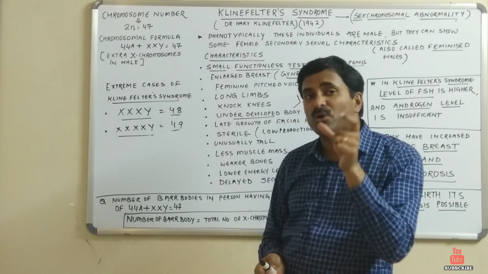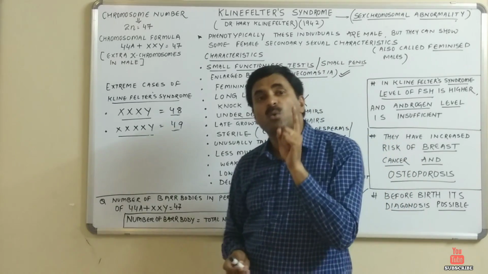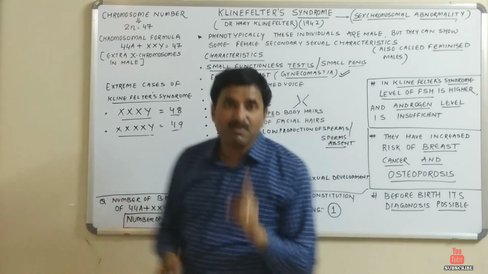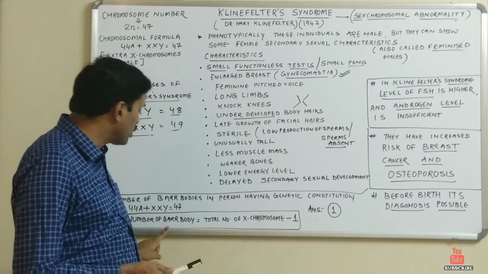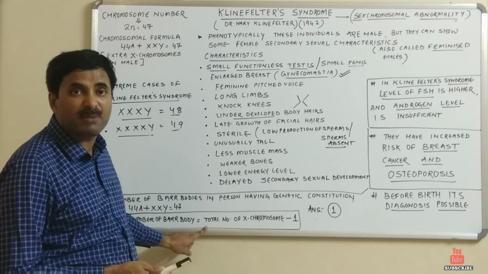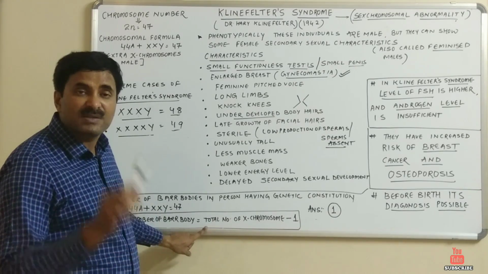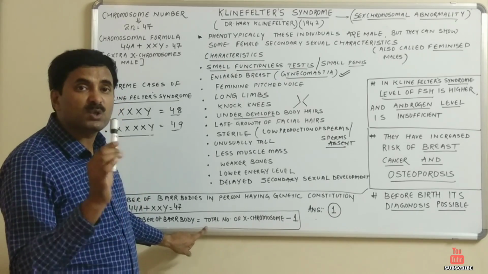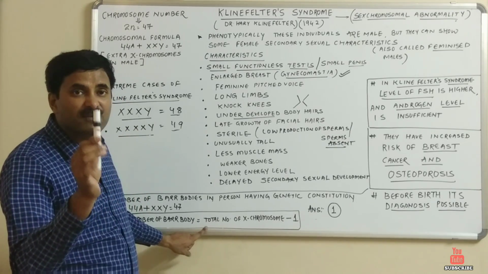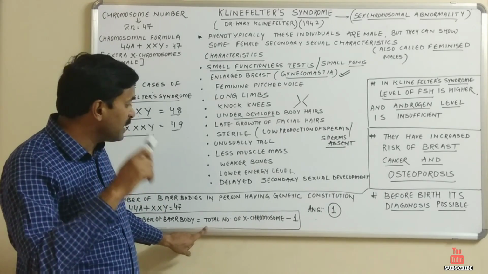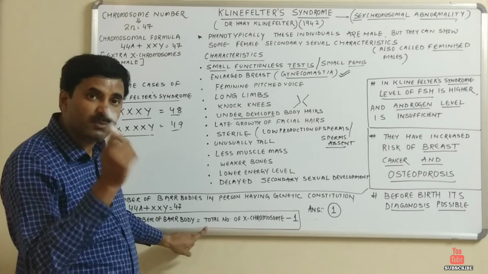The number of bar bodies in a normal female is 1. Why? Because she has two X chromosomes. So always remember, the number of bar bodies is the total number of X chromosomes minus 1. A normal female has two X chromosomes, so 2 minus 1 gives 1.